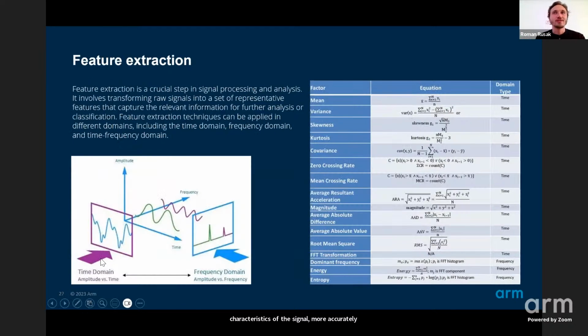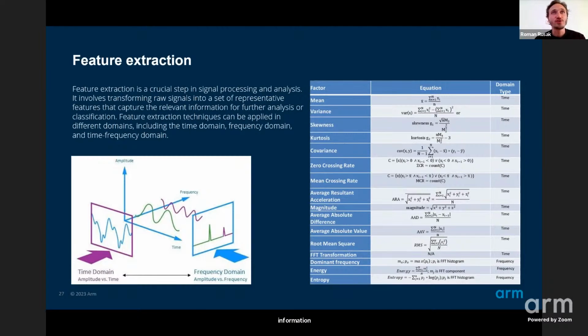Okay, we will next talk about feature extraction. After you properly collect your data and window it, you should extract the right features. Feature extraction is a crucial step in signal processing and analysis. It involves transforming the raw signal into a set of representative features that capture relevant information for further analysis or classification.